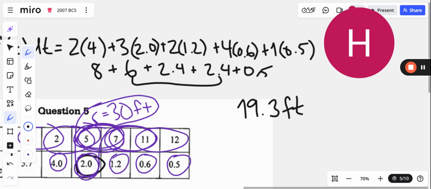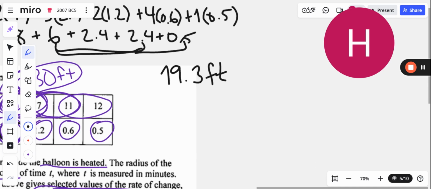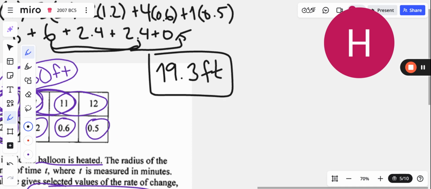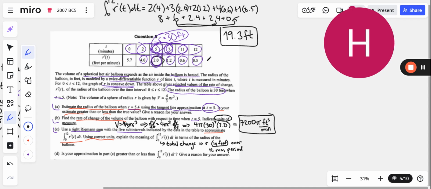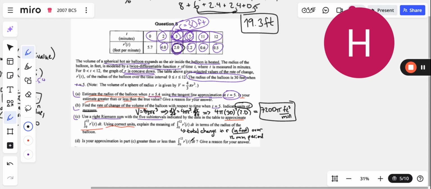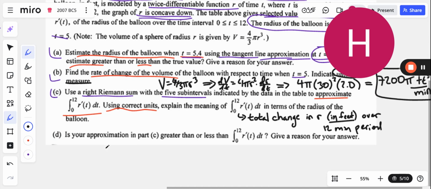I believe that's right. That's how much the radius changed by over that 0 to 12 minute period. And we already explained what it represents and the units, and we used the units again there, so we're good.